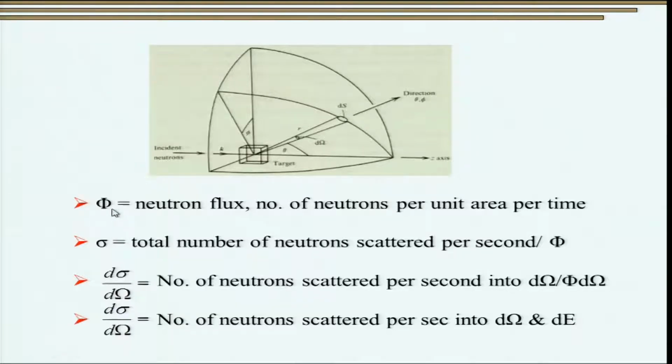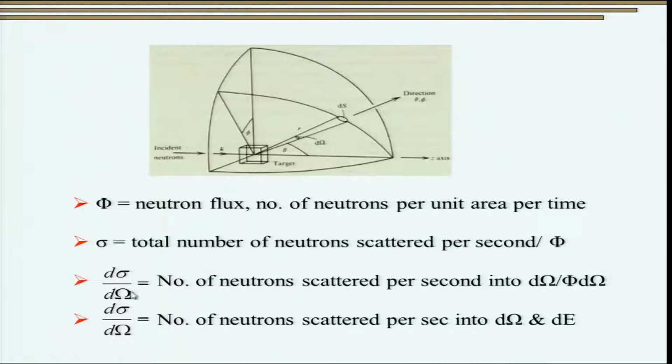So, if we have a neutron flux of phi, which is nothing but the number of neutrons per unit area per time, and sigma is the total number of neutrons scattered per second for an incident flux of phi.